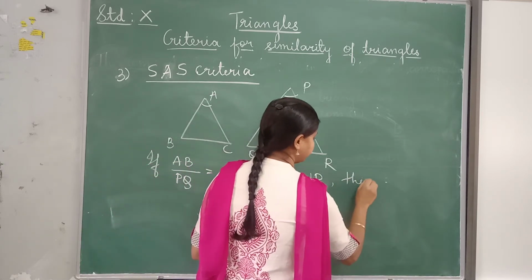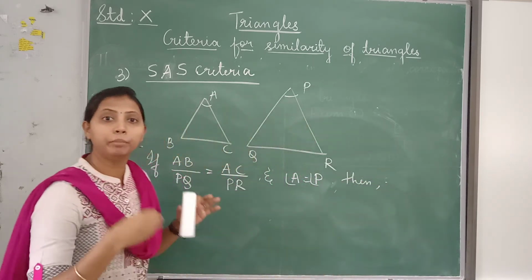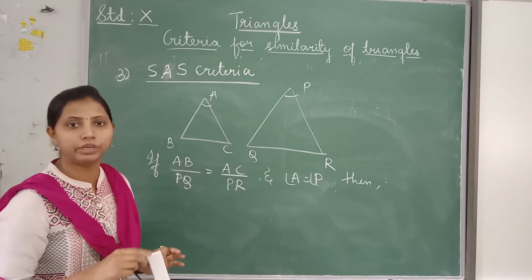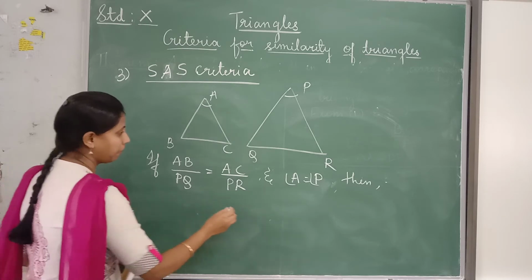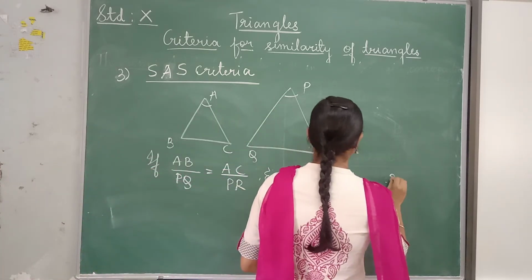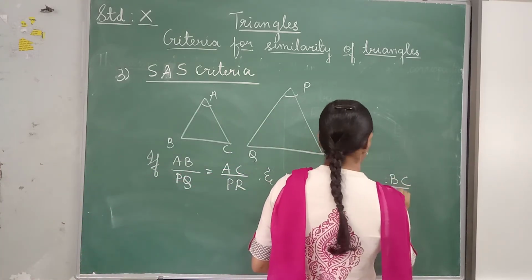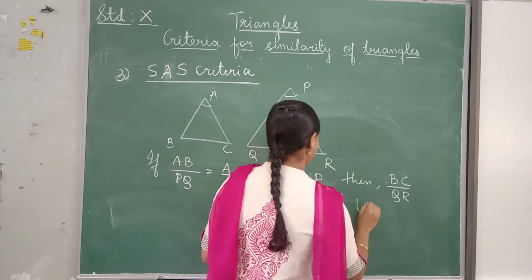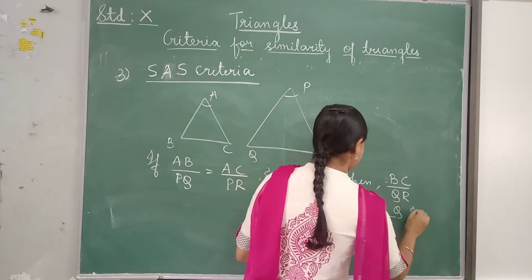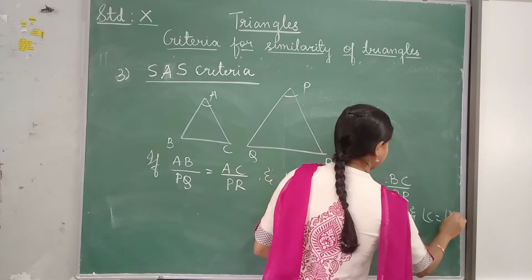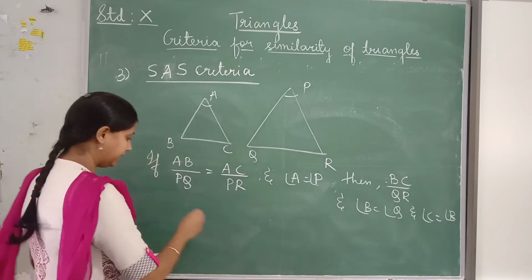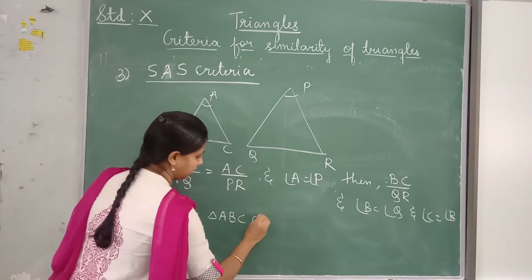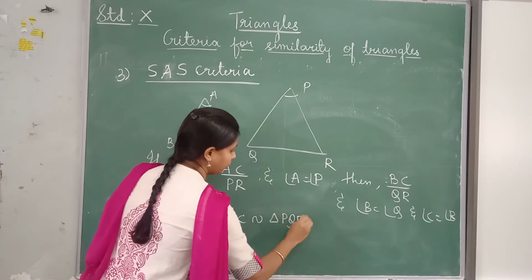Then the remaining side and the remaining two angles will also be equal to each other. Then you can write BC by QR will also be in equal ratio, and angle B will be equal to angle Q, and angle C will be equal to angle R, and hence triangle ABC will be similar to triangle PQR.